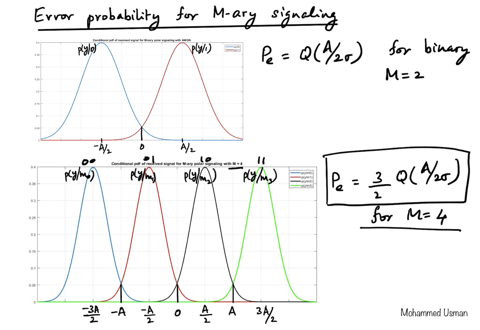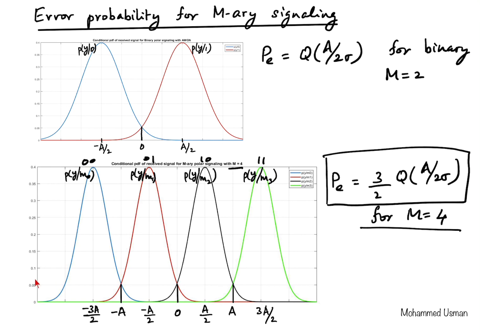We notice that the two symbols which are at the ends, the extreme left end symbol and the extreme right end symbol, both of them have only one boundary. So the boundary for M0 is this one at minus A. So the error happens only if the received signal Y is greater than minus A. And on the other side, there is no boundary.